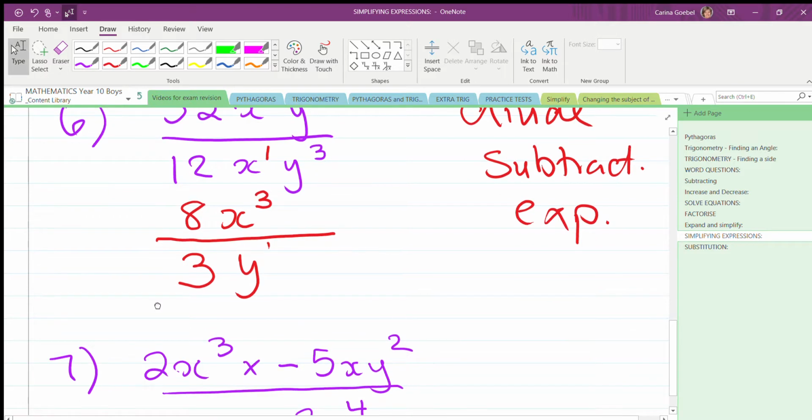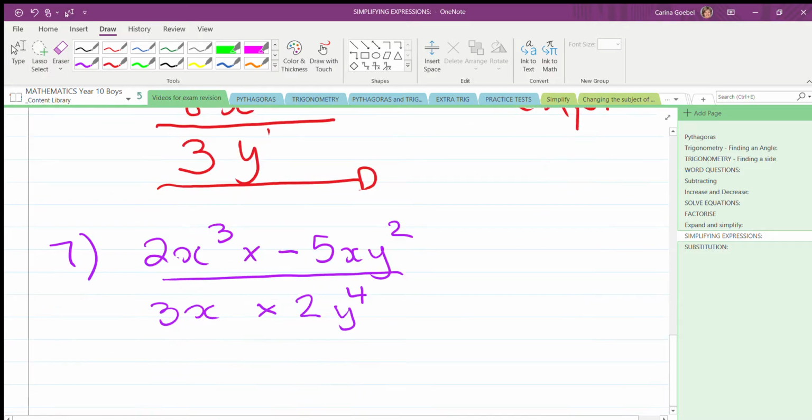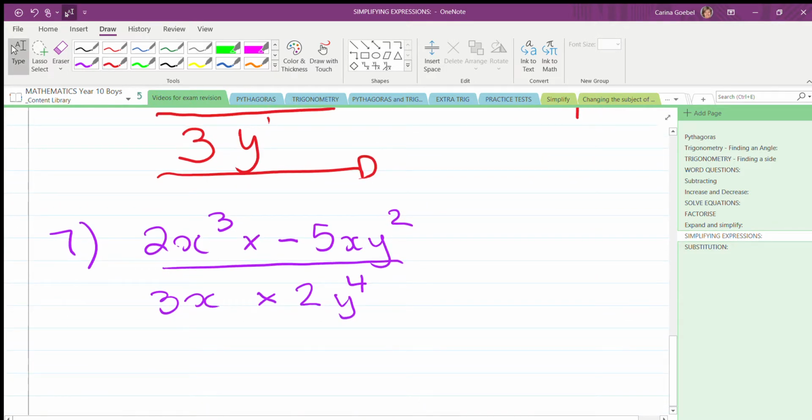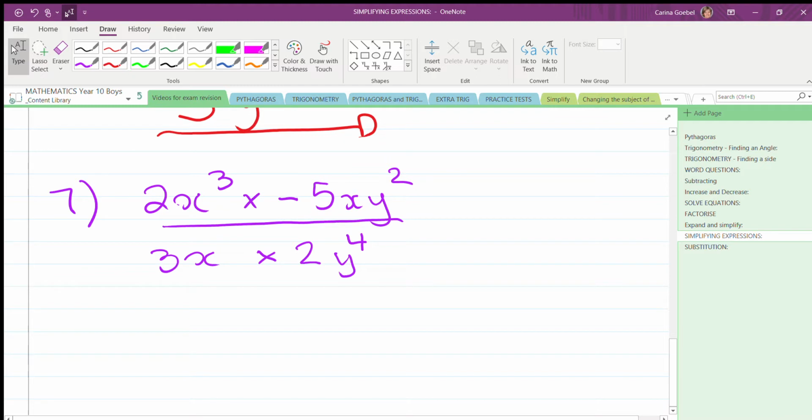Okay, let's look at one last question. Again, you have a fraction, so the first thing you should do is put down that line. Just do one little bit at a time. Focus just on your numbers in the numerator first. 2 times minus 5 gives you minus 10. Then move on. You've got an x cubed, and there is an x to the power of 1.